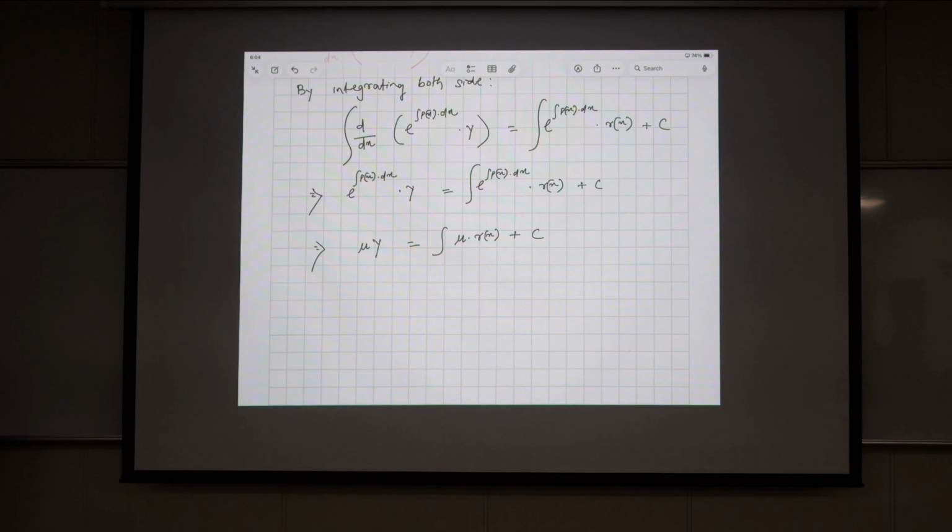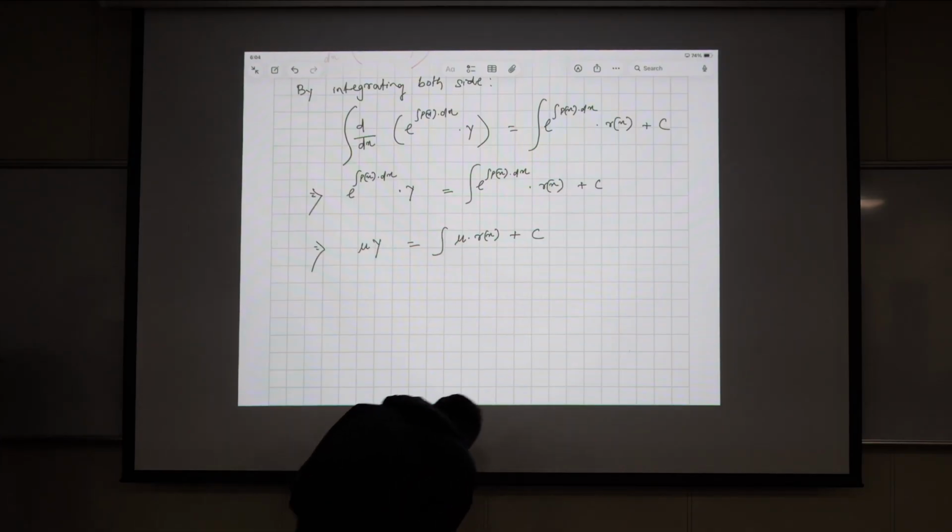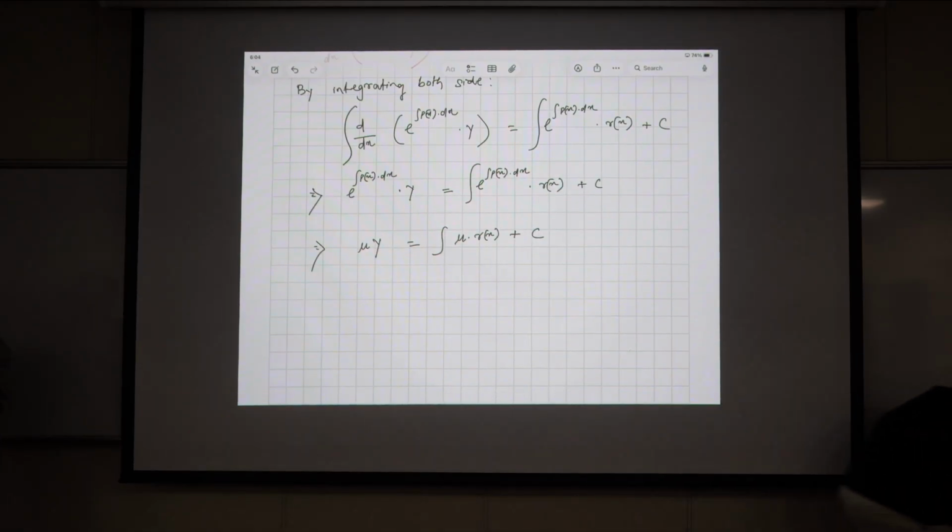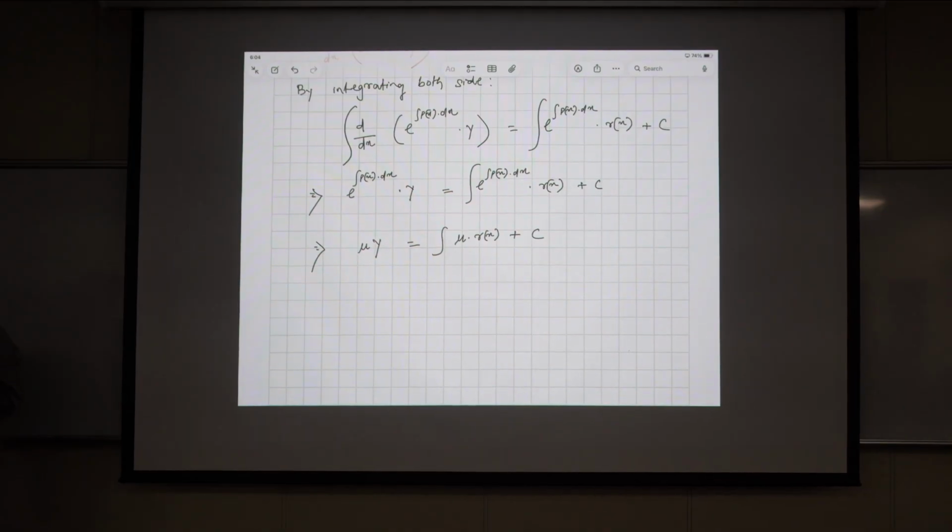Okay, clear? That means if there is an ODE which is linear and non-homogeneous, the method is the same. We first have to find the integrating factor. And how to find the integrating factor?